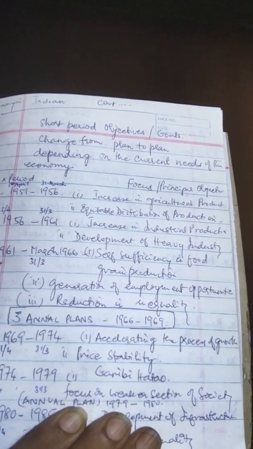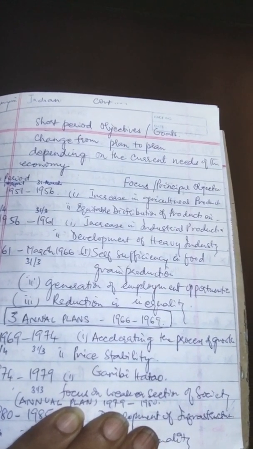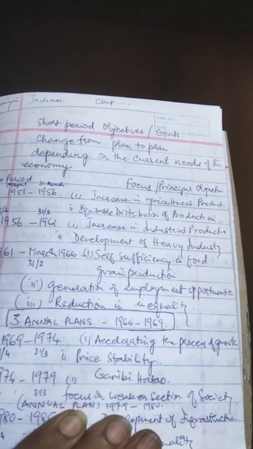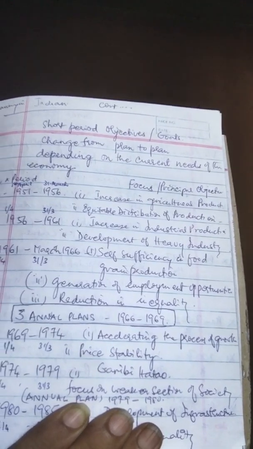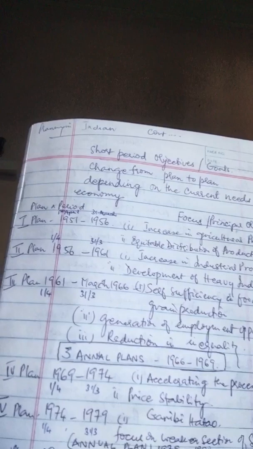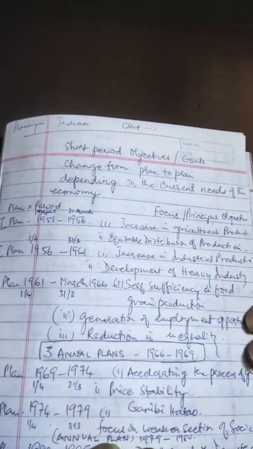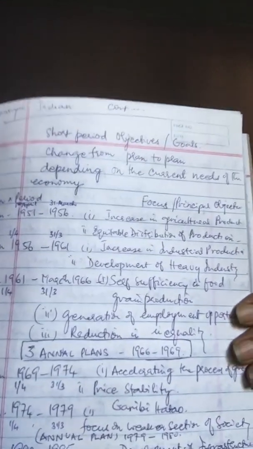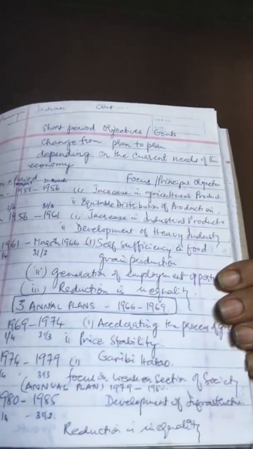And then we had these 3 annual plans, that is 1966 to 1969. What are these annual plans? You will see that in the normal sequence of 5 years, we were disturbed thrice.